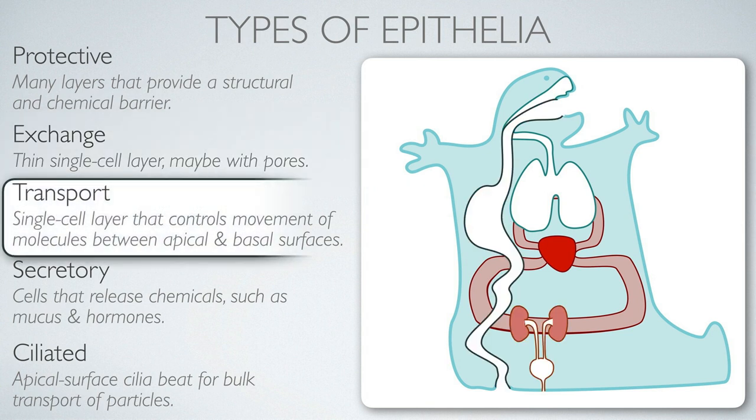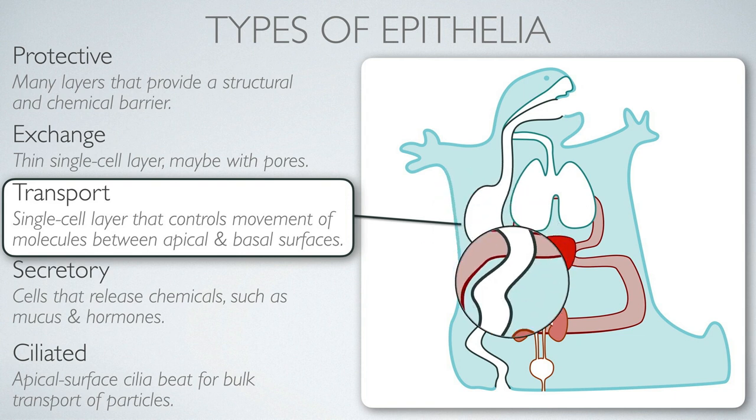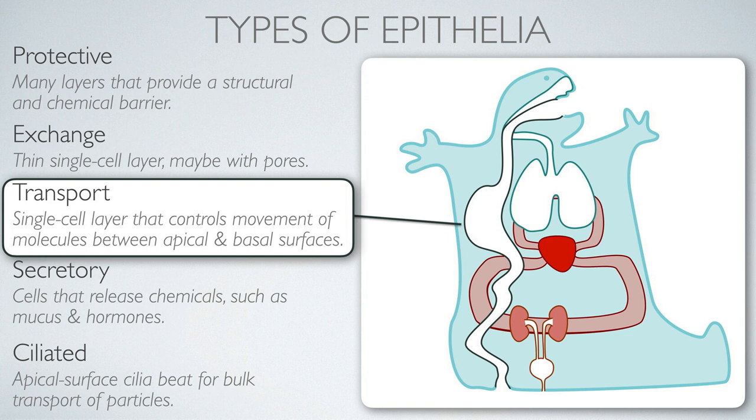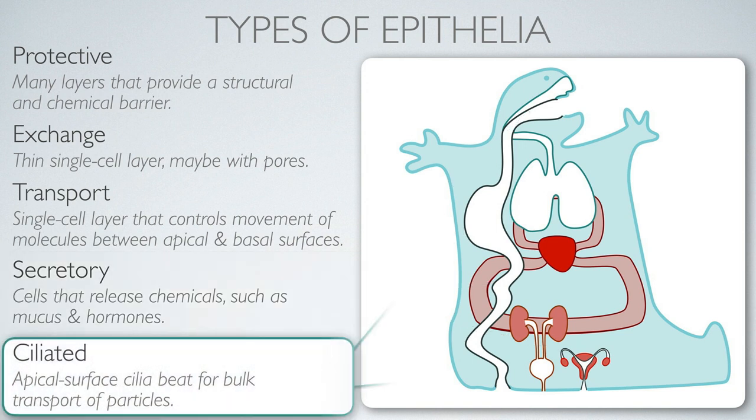We have transport epithelia in the digestive system, really mostly in absorption. I've pointed at the stomach here, but it really should be focused on the small intestine down below. We have a variety of secretory cells that are secreting chemicals such as mucus and hormones in the respiratory system, the digestive system, etc. And then finally, we have those ciliated cells that function for bulk transport.